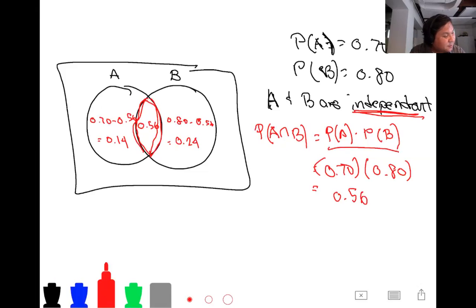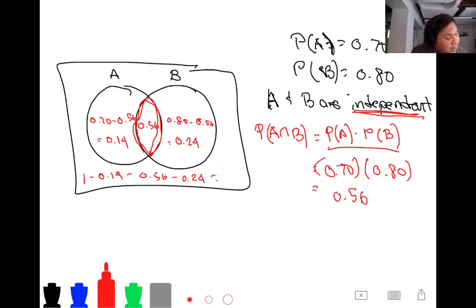Now that we have that, what's the probability of him doing neither homework? To do neither, that would just be 1 minus 0.14 minus 0.56 and minus 0.24.